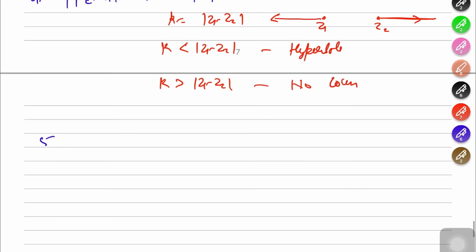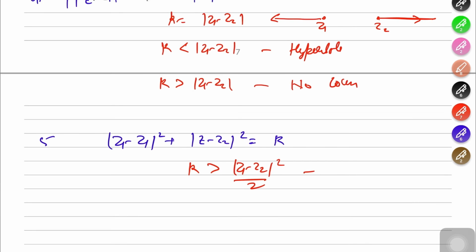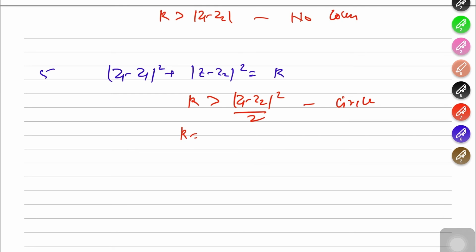Fifth point is, let's say, |z − z1|² + |z − z2|² = k. If we observe that 2k is greater than |z1 − z2|², they represent a circle.